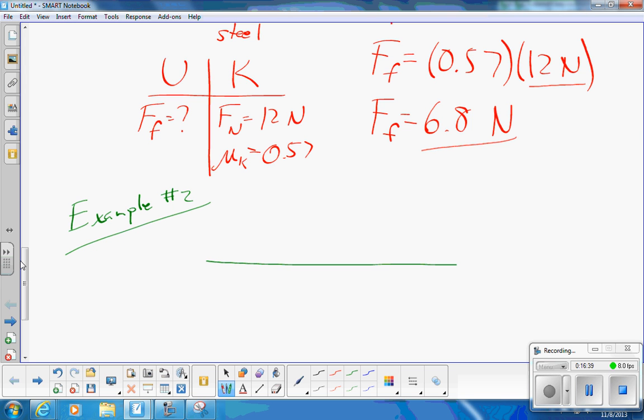And here we have a wooden box sliding, whoosh, along a wooden table.